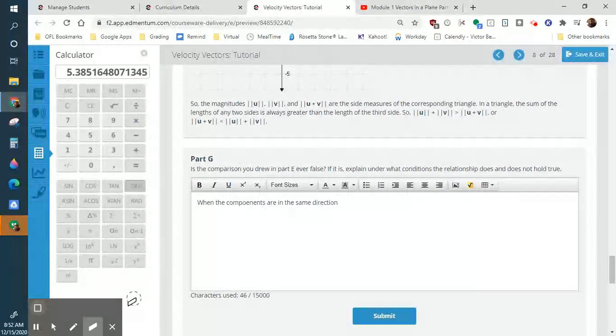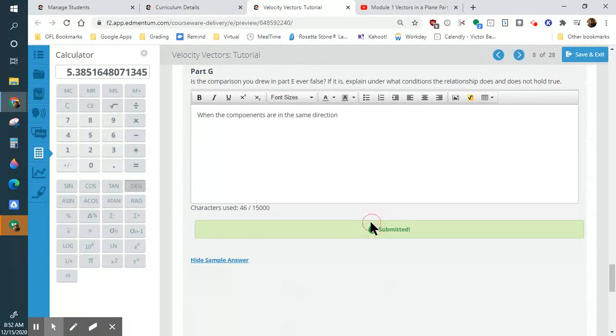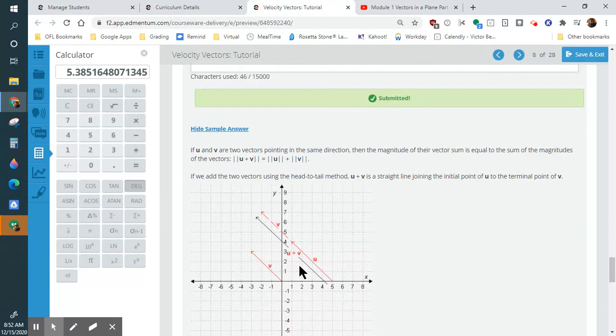Let me erase the whole board. All right, so the next one, same direction. You can see here these are in the exact same direction, and it gets a lot bigger.